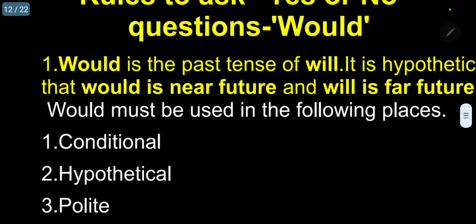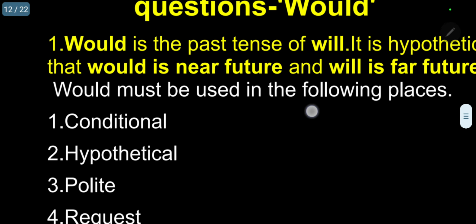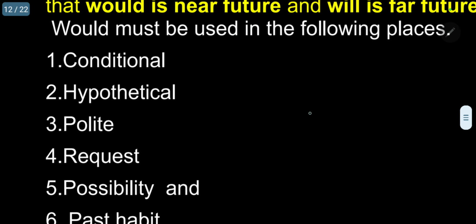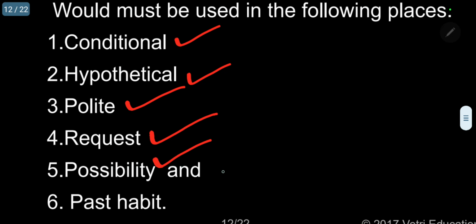Okay. So some more information I want to give now. That is, would must be used in the following places. What are the places? One, conditional, hypothetical, polite, a request, possibility, and past habit.